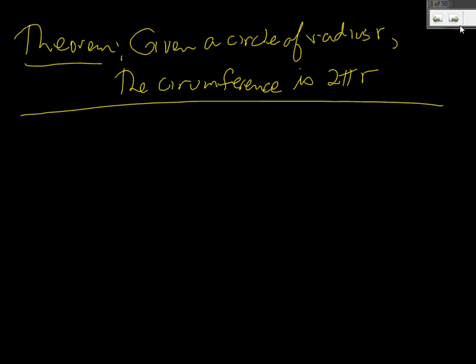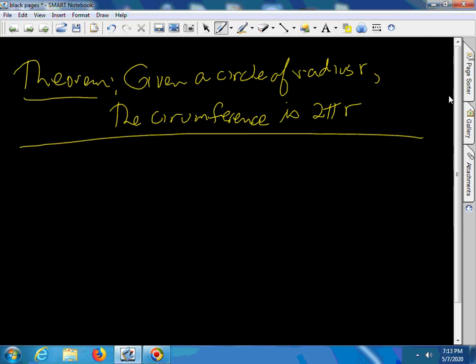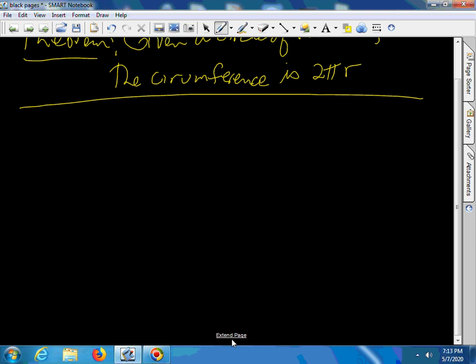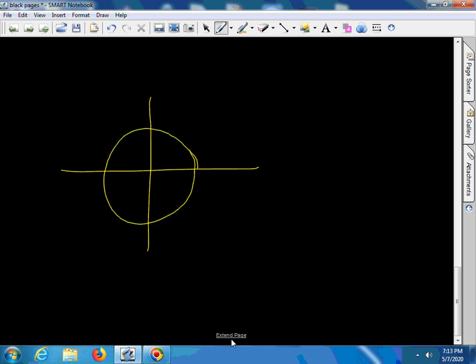Now, there are a few things that I want to talk about first. One of them is that if you have a circle centered at the origin with radius r, it's going to have some arc length or circumference.